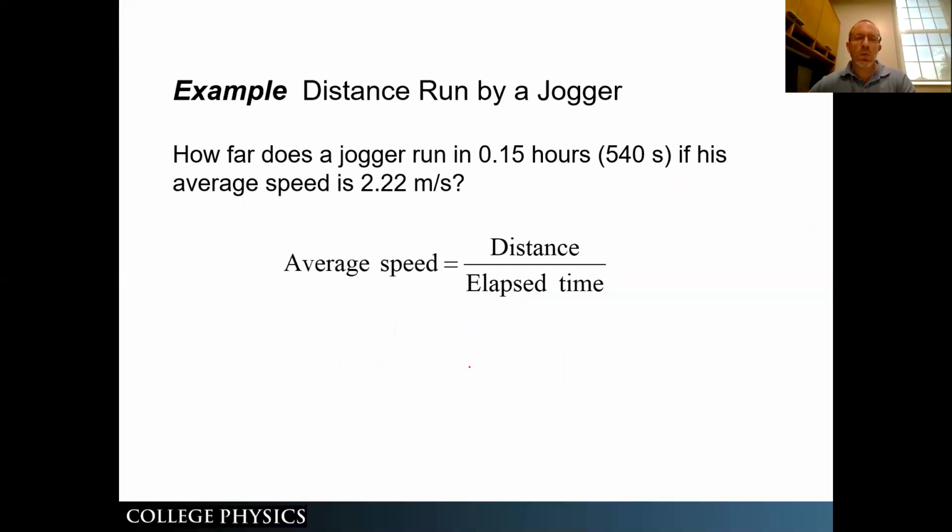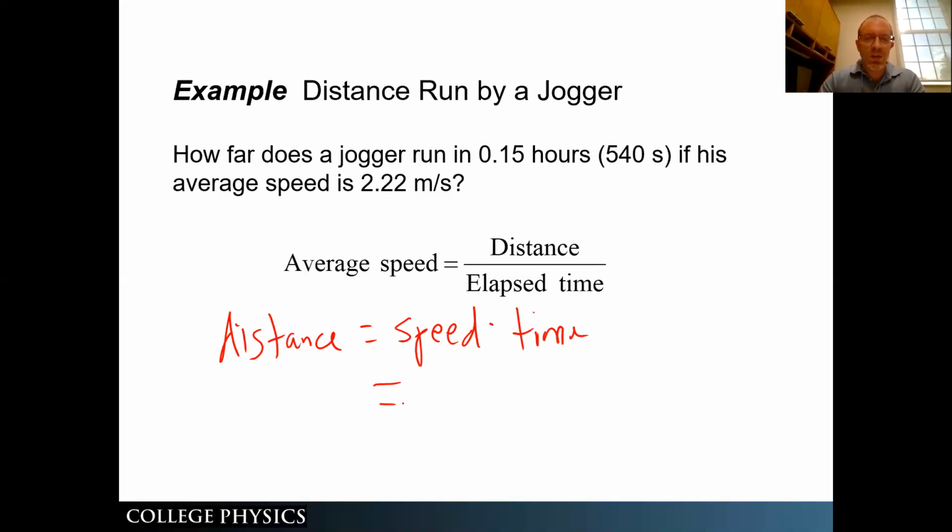We've got a jogger that runs 0.15 hours, which is 540 seconds, at an average speed of 2.22 meters per second. We're asked, what's the distance that this jogger travels? So we can see from our equation there that speed is equal to distance over time. If we rearrange this equation, distance is going to be equal to speed times time.